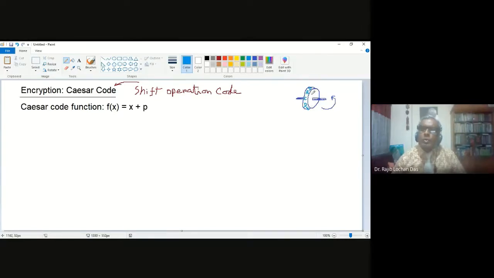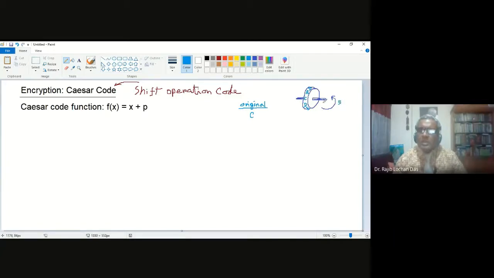So when we have one letter C in the original message, and it is being rotated, it is being shifted, say for 5 places.